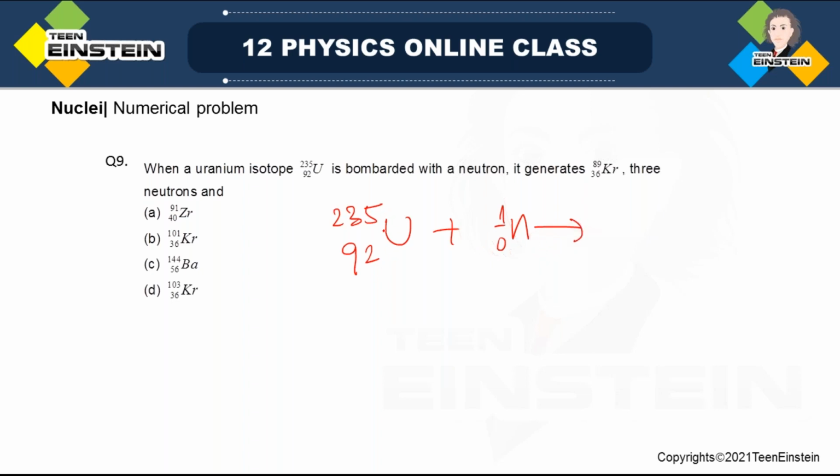This will break into two parts. One part is given, another part you have to identify from here. Suppose one part is krypton 36, 89, and there will be 3 neutrons coming out.